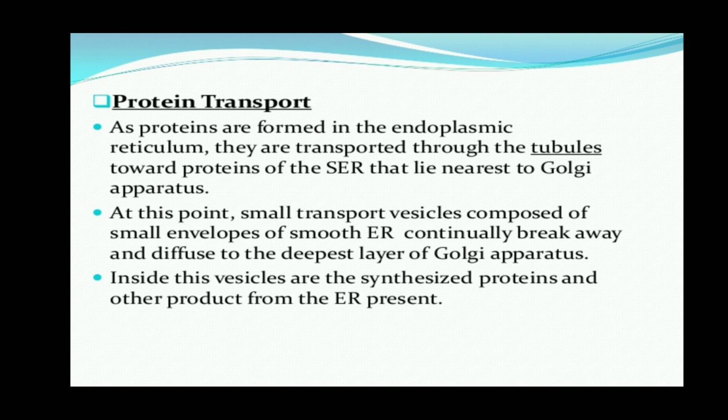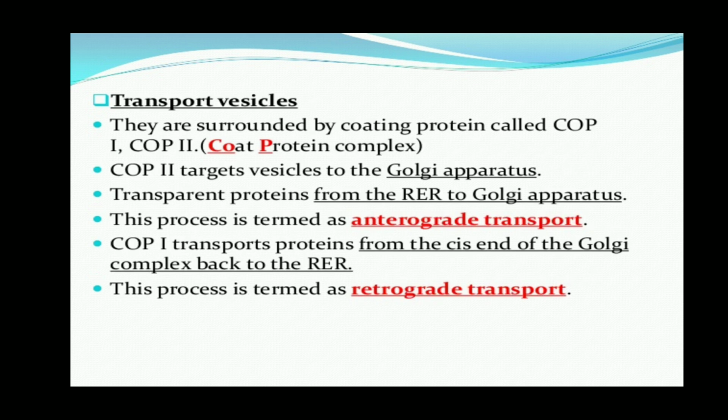Small transport vesicles, components of the small envelope of the smooth endoplasmic reticulum, will continually break away and diffuse to the deepest layer of the Golgi apparatus. Inside these vesicles are the synthesized proteins and other products from the endoplasmic reticulum.